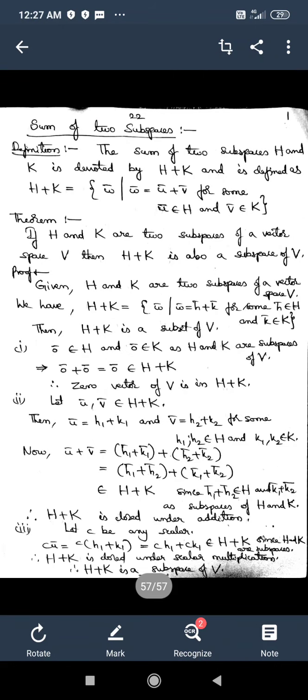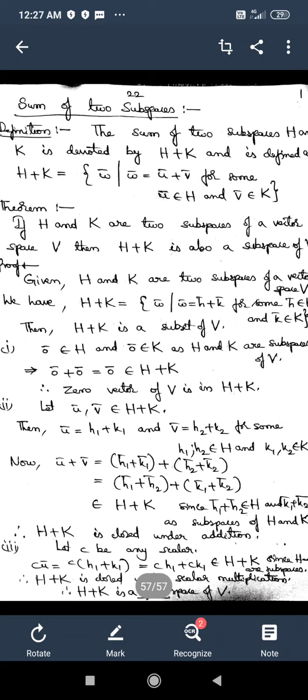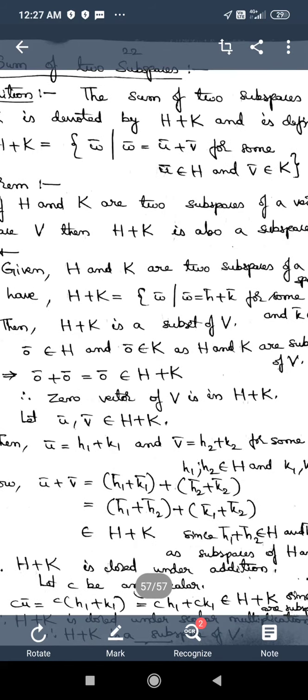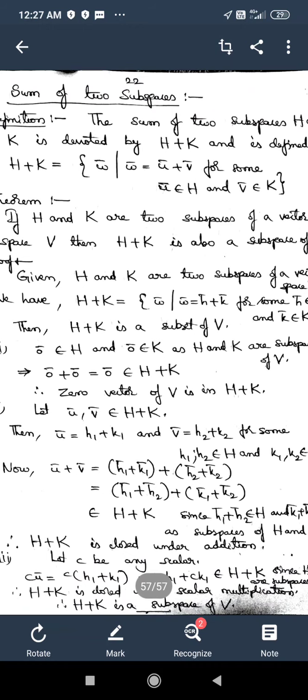As we have seen earlier in the problems and in the theorem proofs, to prove a given set is a subspace of a given vector space, we need to show that the set satisfies all three conditions of the definition of subspace. Those three conditions are existence of the zero vector, closure under vector addition, and closure under scalar multiplication in that particular set. So here H plus K is the set to be proved as a subspace.